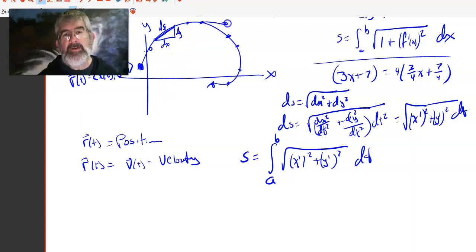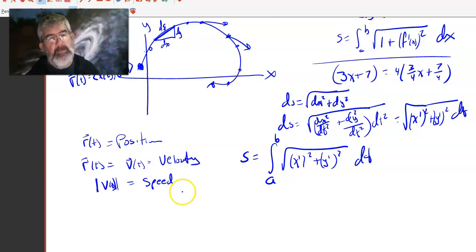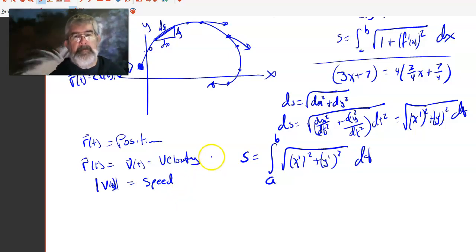So the velocity is something that's pointing in the direction that the object is moving. And it turns out that the length of the velocity vector, the length of that vector, is what we call the speed. It points in the direction of motion, and the length is the speed. We will expound on this in a later video.